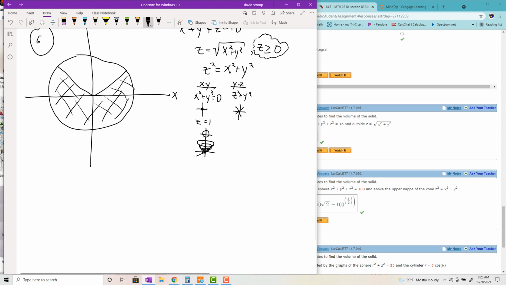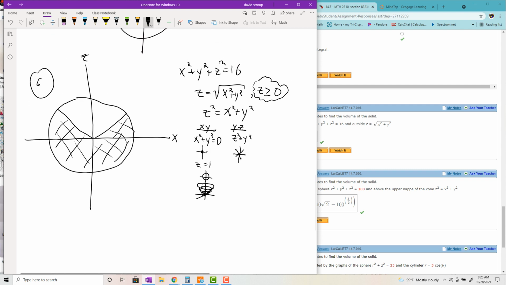In the XY plane, I'm going to be integrating over a circle. The way I approached this, I had to think about it for a little bit. What I did was find the volume of a sphere and then subtract away the upper volume, this wedgy volume. I thought that was easier.